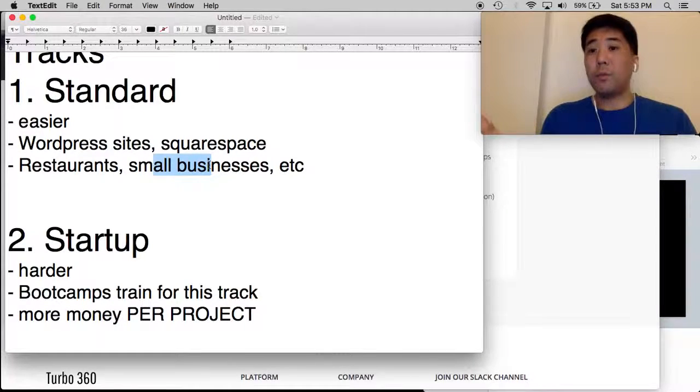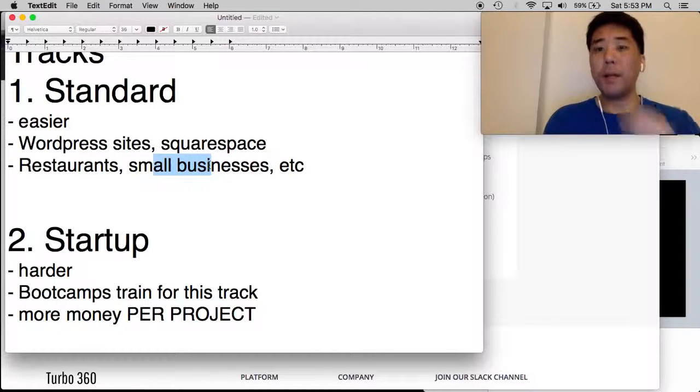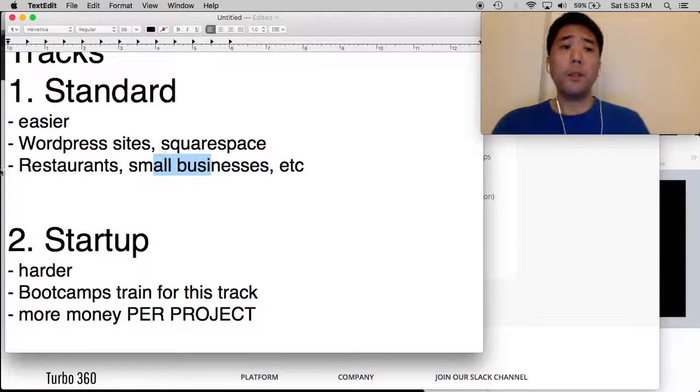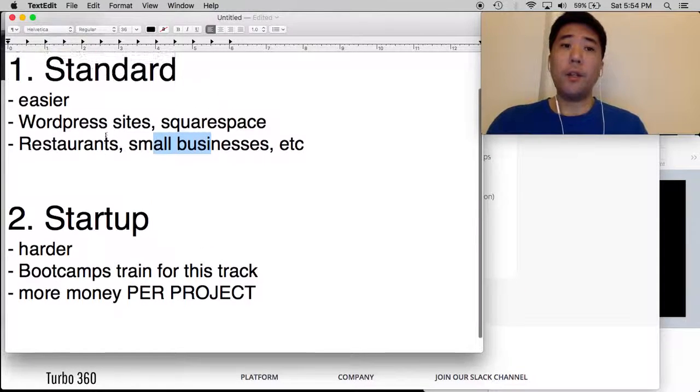Maybe even use WordPress or Squarespace. Keep it simple, right? Get it out the door. What you really want at that point is just a satisfied client. So that's what I often see between these two.